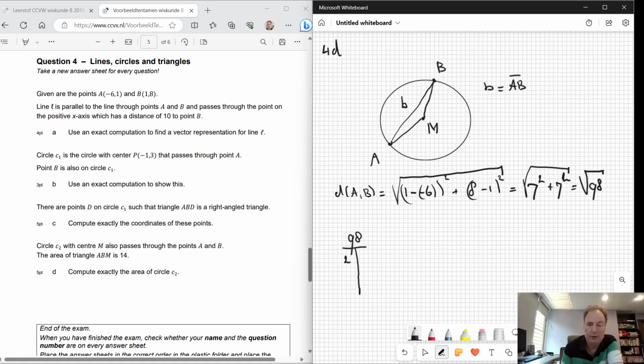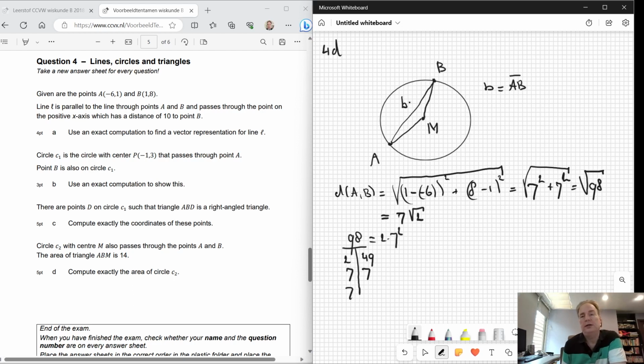It's divisible by 7, so 98 is 2 times 7 squared. So this is equal to 7 times the square root of 2.